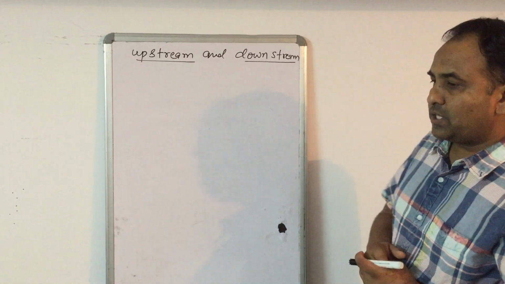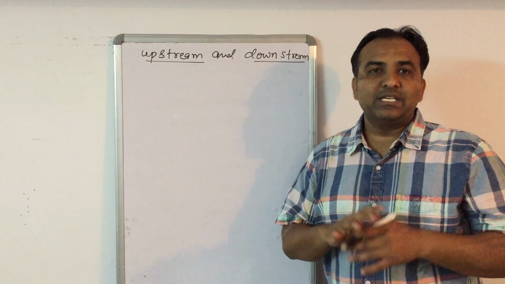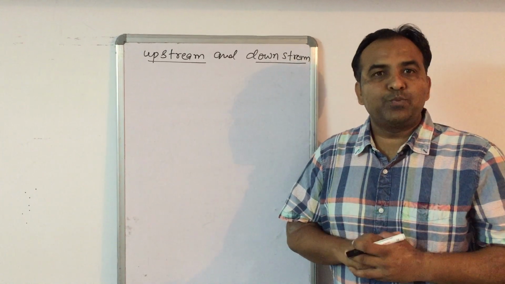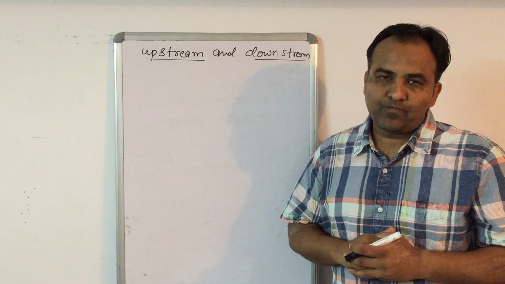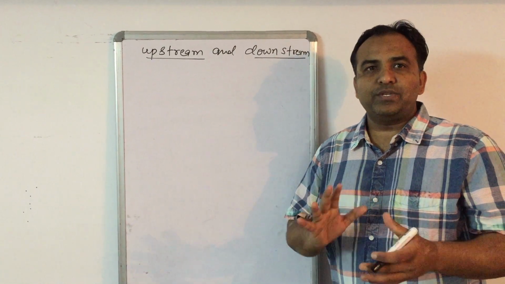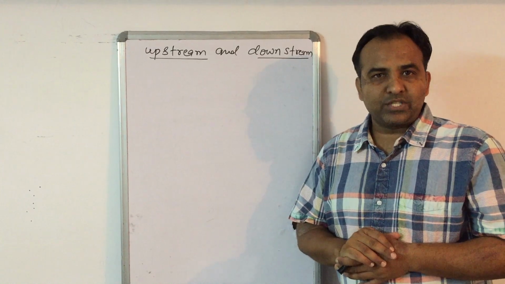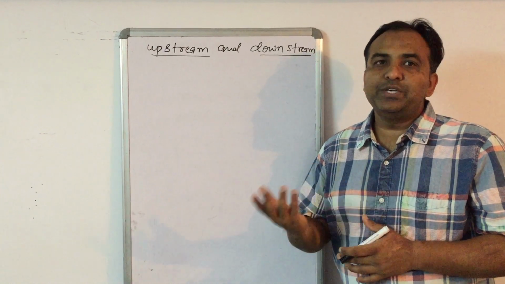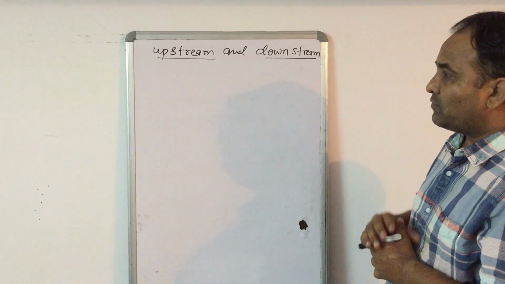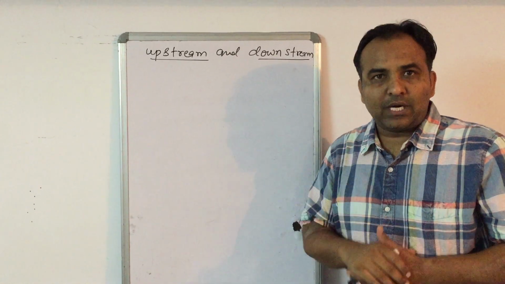In case of downstream, the net speed is the sum of the speed of the boat in still water and the speed of the current. In case of upstream, the net speed is the difference between the speed of the boat in still water and the speed of the current.